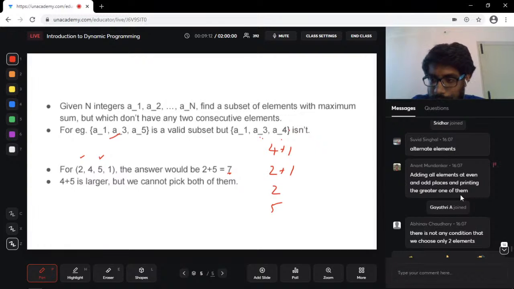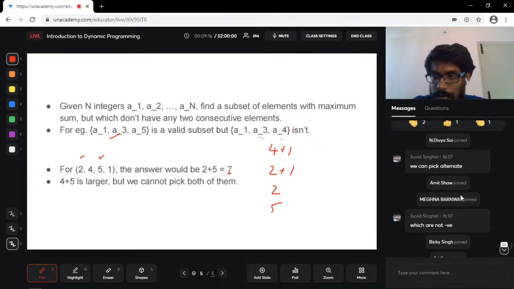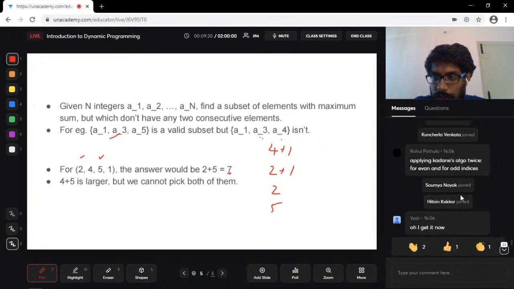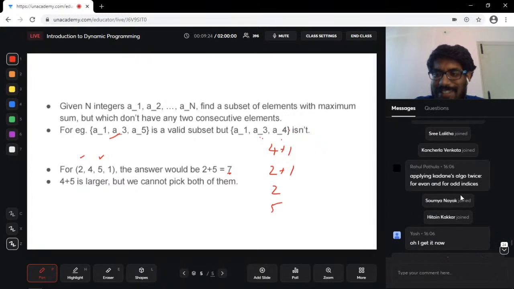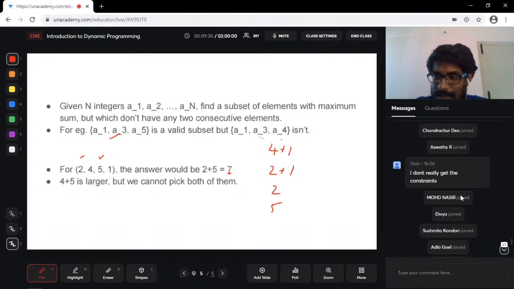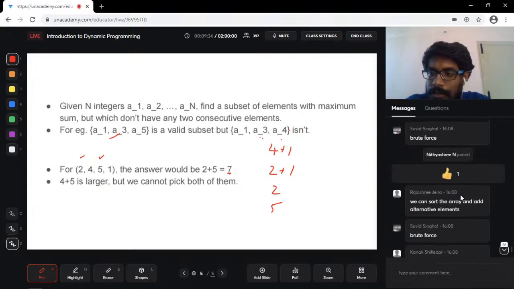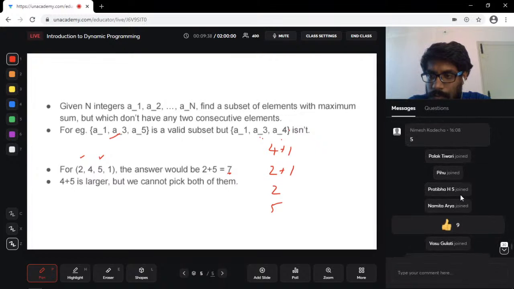Yeah. Okay. Anant has an interesting suggestion. We'll get to that. Suvid also has an interesting solution. Cool.